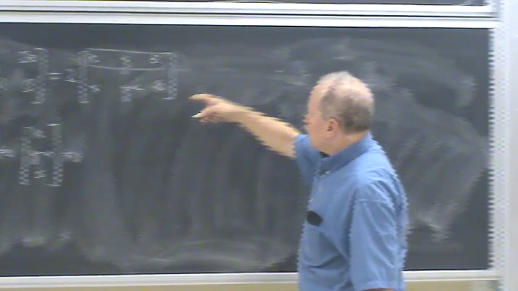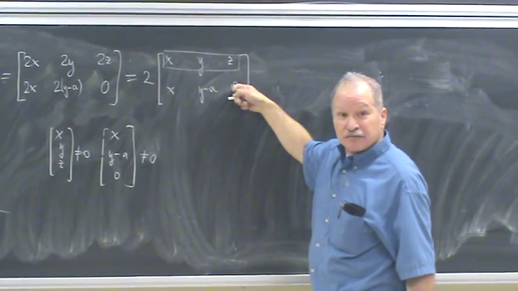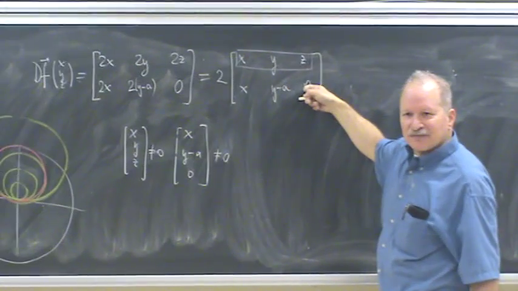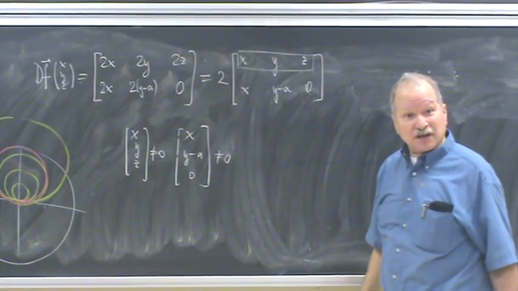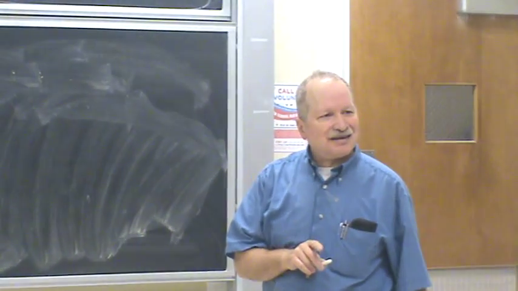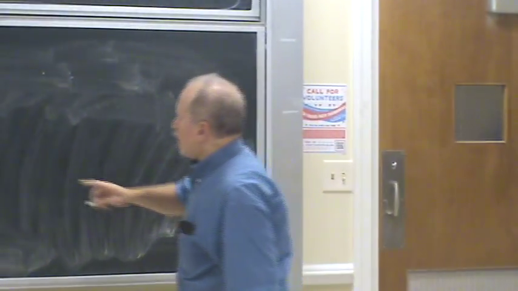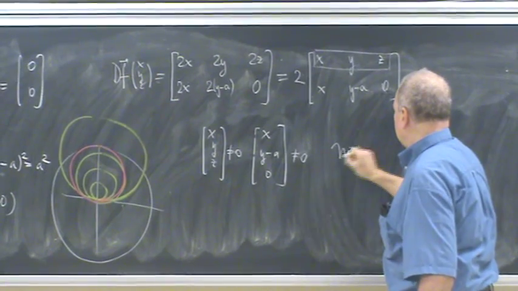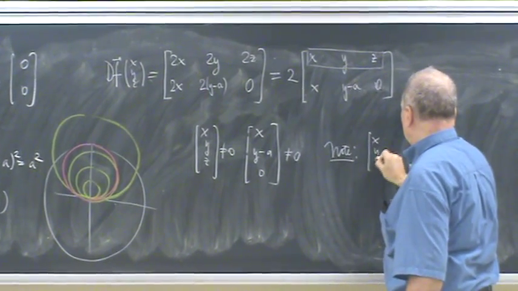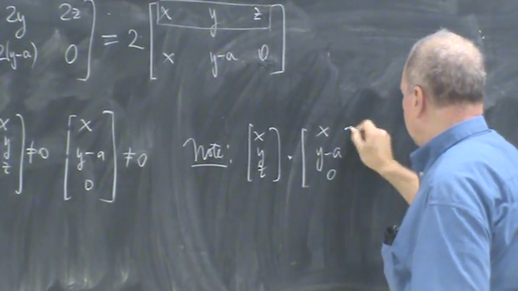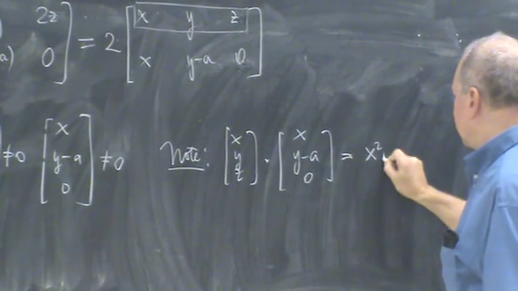Okay, so these vectors can't be zero. But could they be linearly dependent? Yes, they could conceivably. But I'm now going to be sneaky. What's the dot product of these two vectors? x squared plus y times y minus ay.